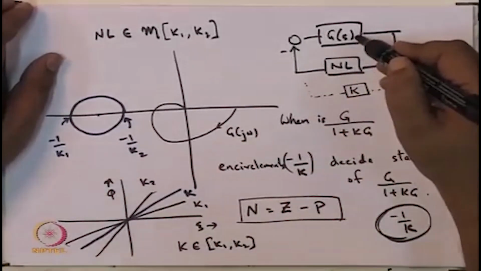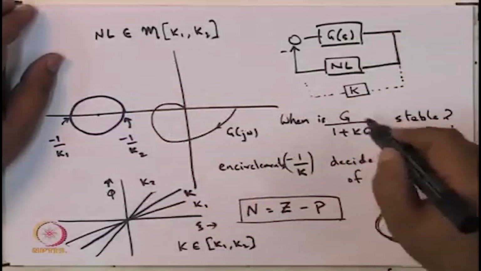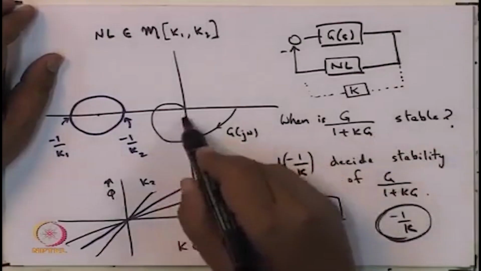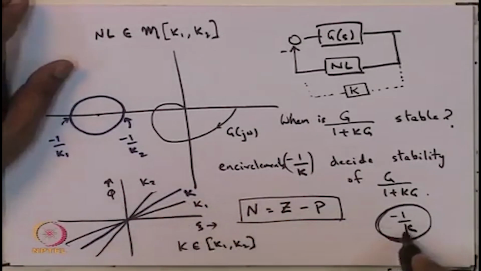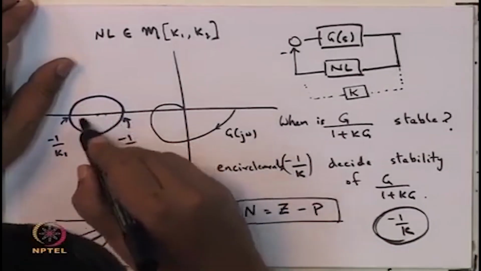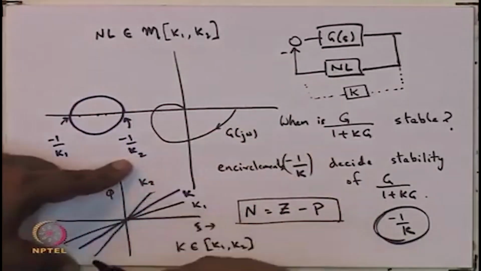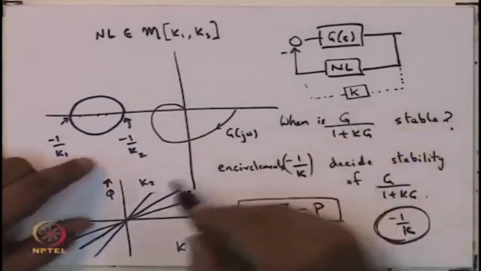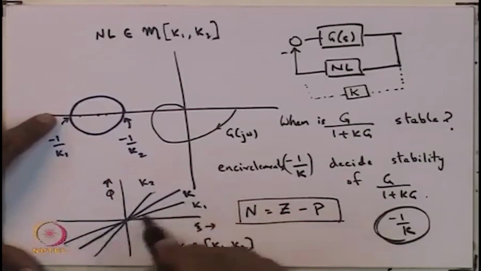So suppose you start with g of s, which is stable, then for the resulting closed loop system to be stable, you would say that this g of j omega should not intersect some point minus 1 by k, and this point minus 1 by k will vary here between the point minus 1 by k2, which is what you will have if you take the slope of the linear part to be k2, or minus 1 by k1 if you take the slope to be k1.